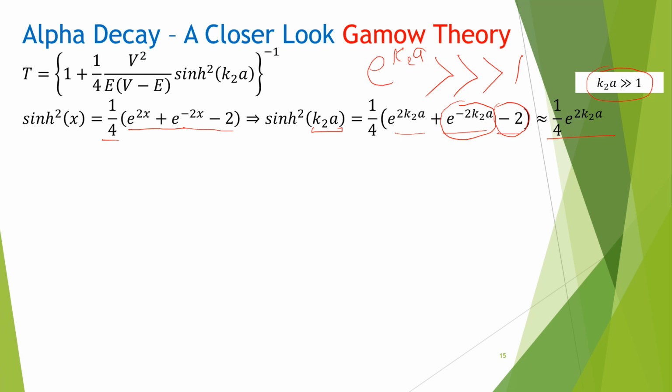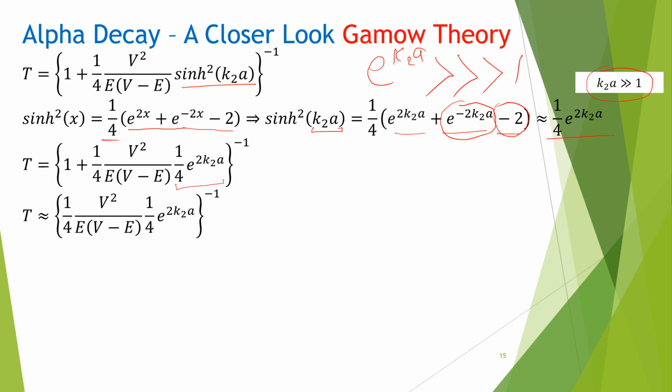We are almost done with this mathematical treatment, and I am writing sinh square K2A as 1 by 4 e to the power 2K2A in the same expression. And now this 1 by 4 into 1 by 4 will be 1 by 16 in the latter term, and as I said that this quantity is very large, so I can ignore this quantity and rewrite that expression.